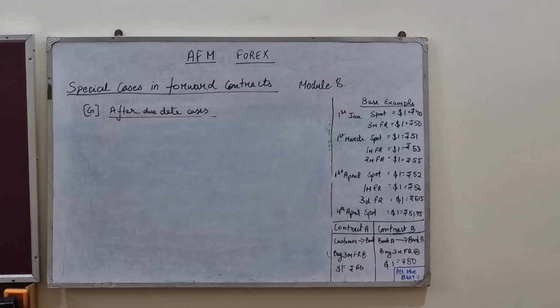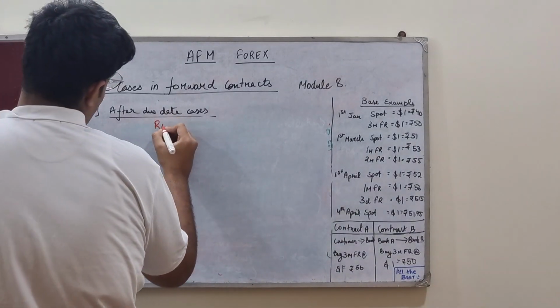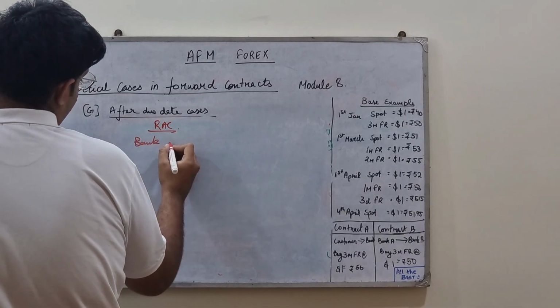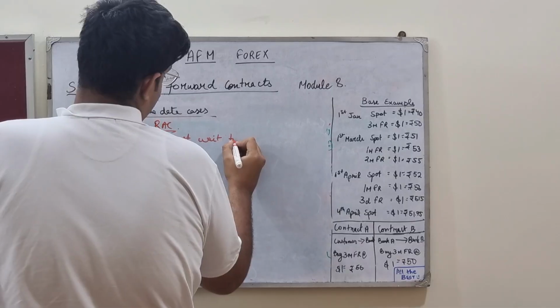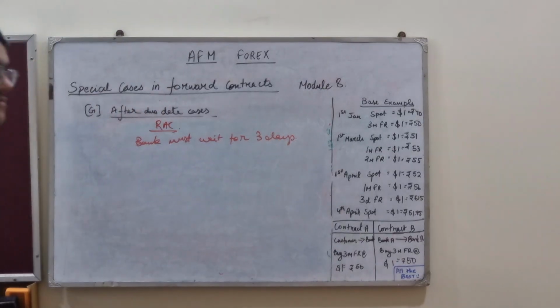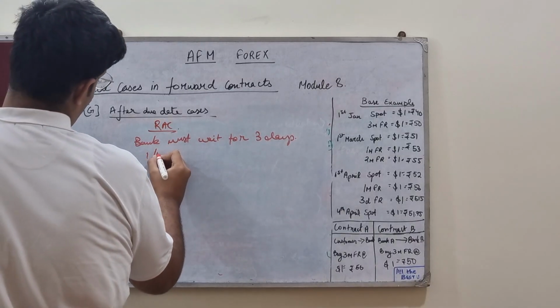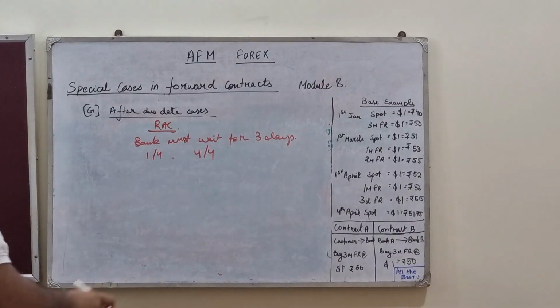Okay, before we begin, there's a few rules that need to be understood. RAC outlines the following. The bank must wait for 3 days. Alright, so for example, if the due date was 1/4, the bank can max wait till 4/4. That's it, not further.